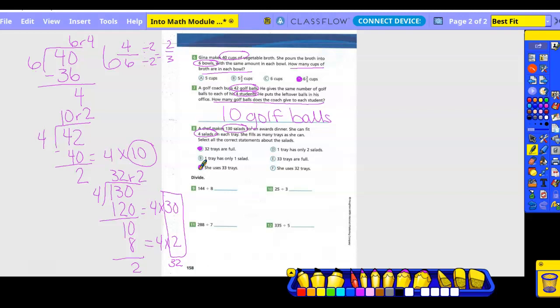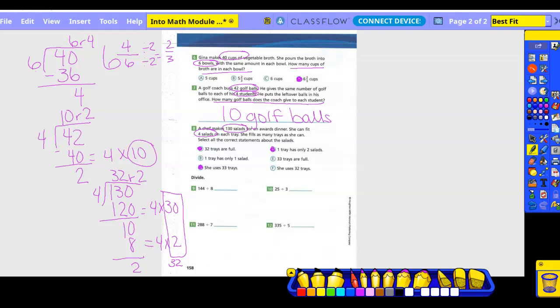Yes, because our remainder is 2. 33 trays are full. No, there's 33 trays, but 1 only has 2 salads. We just said that, right? She uses 32 trays. No. Okay, so our answers are A, C, and D for number 8.